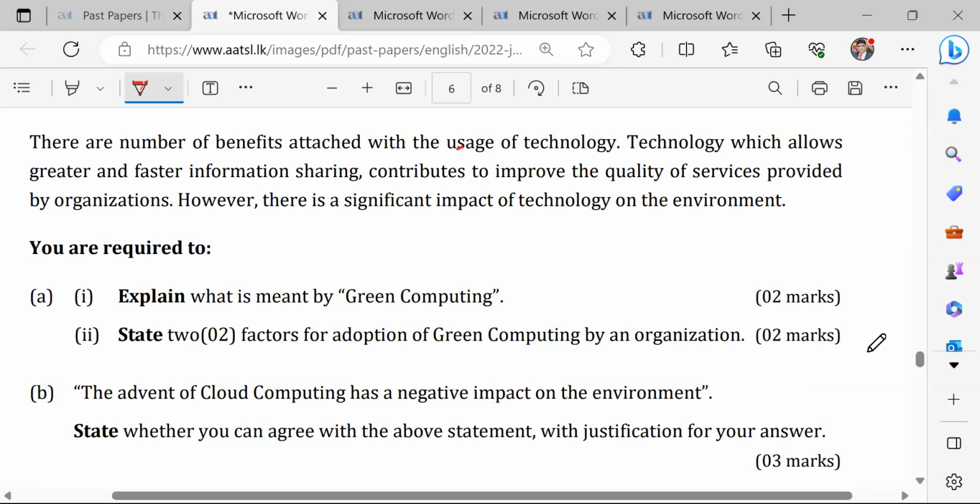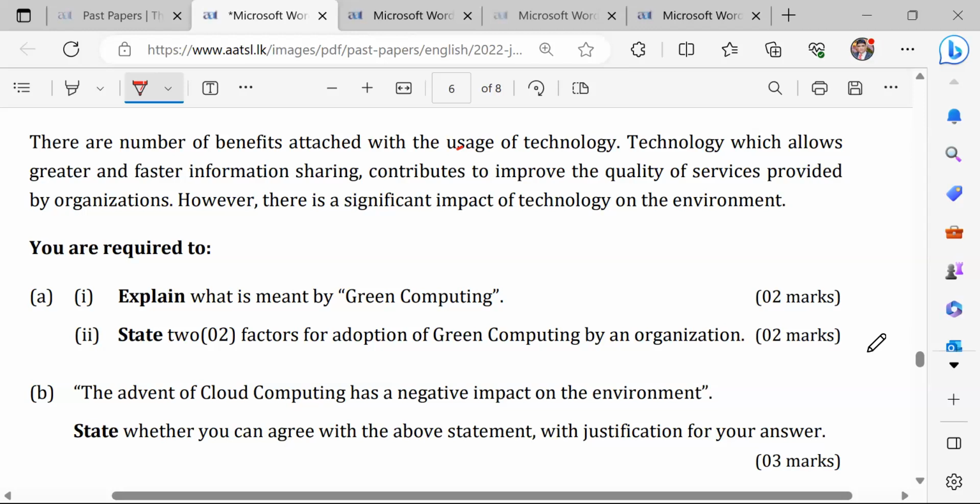Then green computing is the practice of eco-friendly and environmentally friendly computing, and we can apply it to designing, manufacturing, engineering, and every business activity we are using. We can apply green computing, that environmentally friendly, eco-friendly computing practice, right?